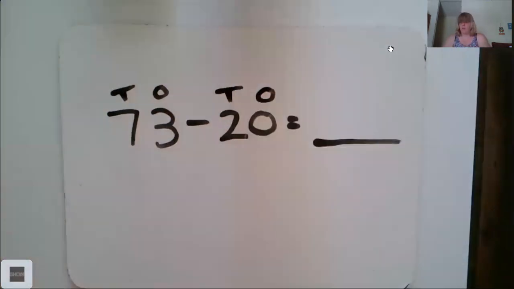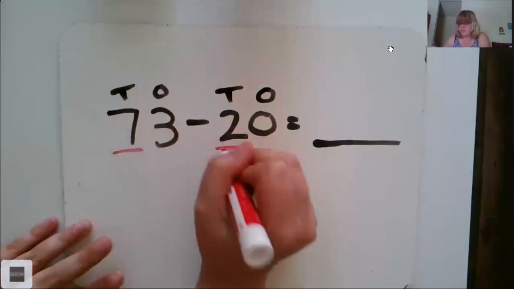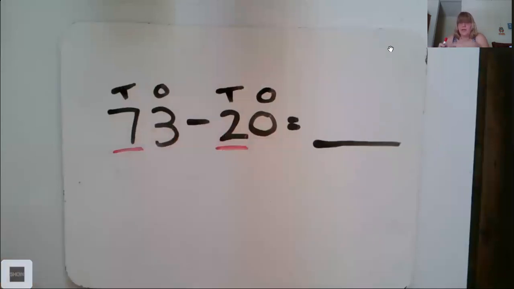Again, we're going to focus on the tens place first. So the 7 minus 2. I can think in my head without drawing all of the pictures that if I start at 7 and I go backwards 2, I have 7, 6, 5 that I land on.